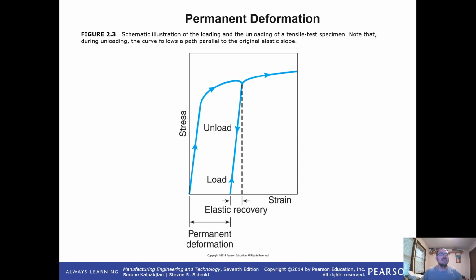Alright, so we're talking about yield point, right? So our yield point is that point where we start getting permanent deformation. And what this plot here is showing, as that dog bone is stretching, we hit our yield point. We start plastically deforming, but then all of a sudden the load is dropped, right?